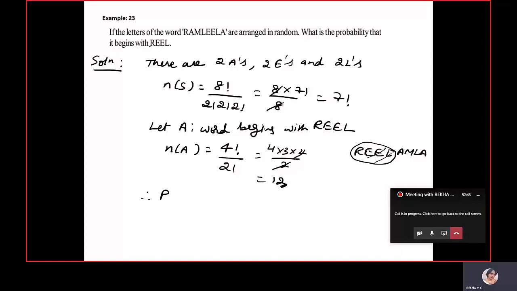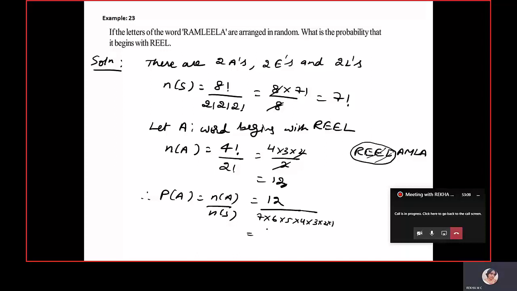So therefore, the probability that the word begins with REEL is equal to n of A by n of S. That is 12 divided by 7 factorial. So it is 7 into 6 into 5 into 4 into 3 into 2 into 1.